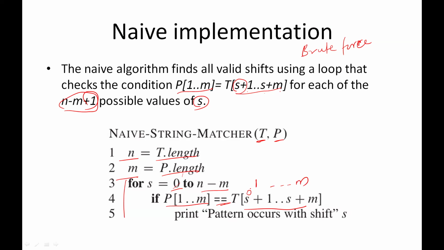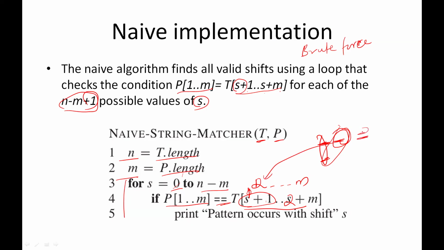But after some time when s becomes 1, it will be 1 plus 1. 1 plus 1 means what? You start from 2 and then 2 plus m, and so on. So you keep on shifting. Initially we are checking the first two characters here and here. Then after that, we need to come to this character. So we check this and this. So this position will be the second character.